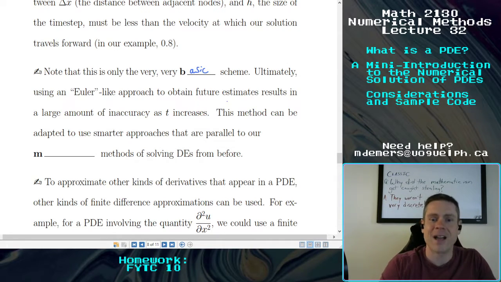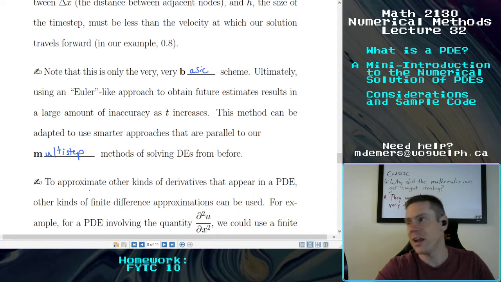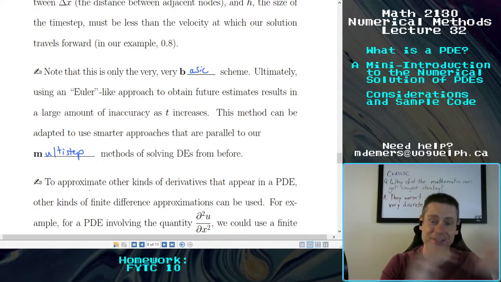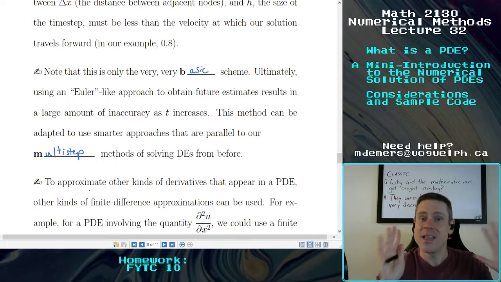But as a matter of fact, you can extend this and instead do things that are more akin to multi-step methods at each point. So forget Euler, do some sort of Runge-Kutta scheme at every single one of those nodes, and you can see how this inflates to become like a big deal.